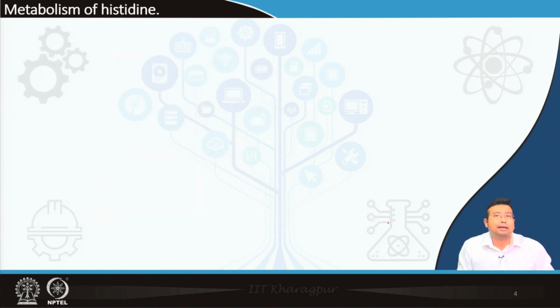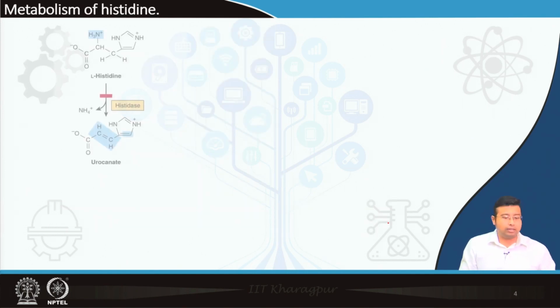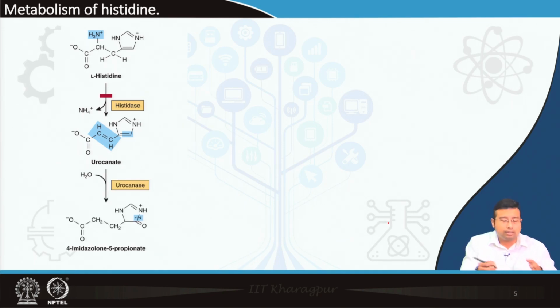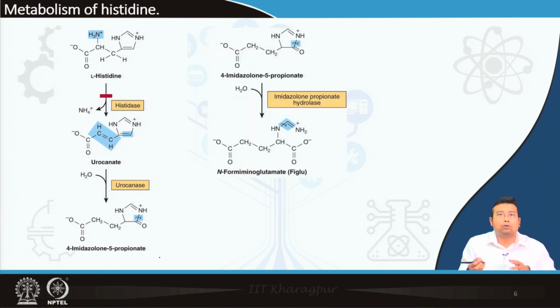Regarding the metabolism of histidine, what we need to know is how histidine is mainly degraded. Histidine, by the action of histidase, is converted to urocanate, or in some cases it is also known as urocanic acid, which upon action by the urocanase enzyme is converted to 4-imidazolone 5-propionate, which undergoes a hydrolase enzyme action.